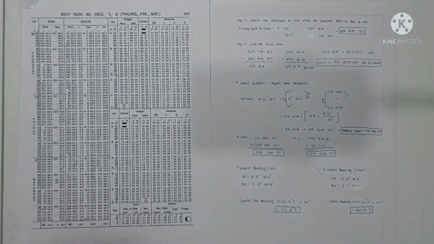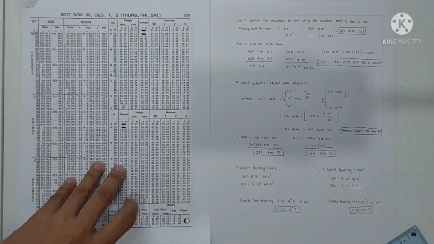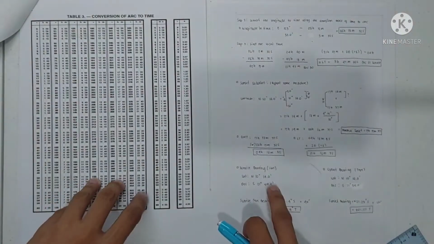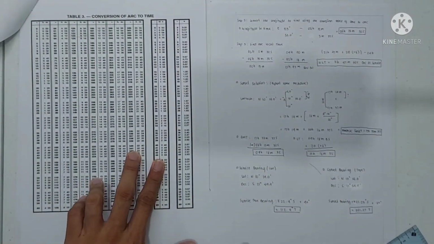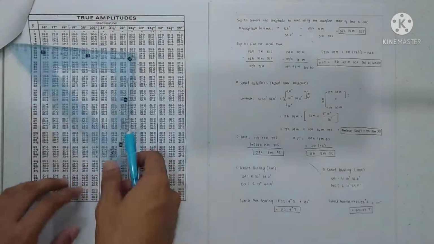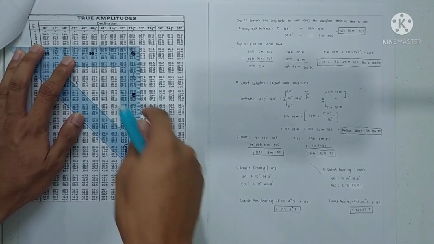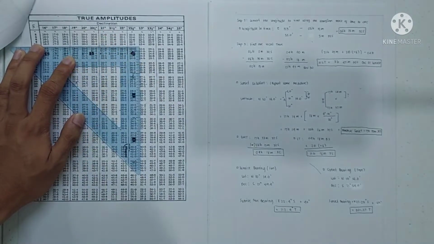In order for us to locate the sunrise true bearing, we need to go to the amplitude table and look for the value of the intersection of north 10 degrees and south 21 degrees. So this is the latitude 10 degrees and declination of 21 degrees south.